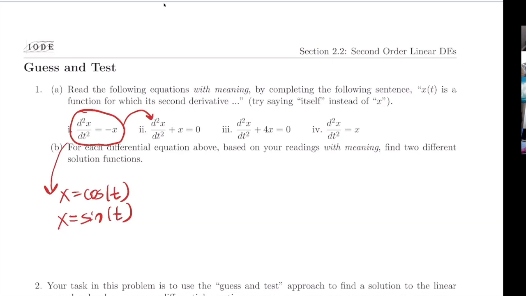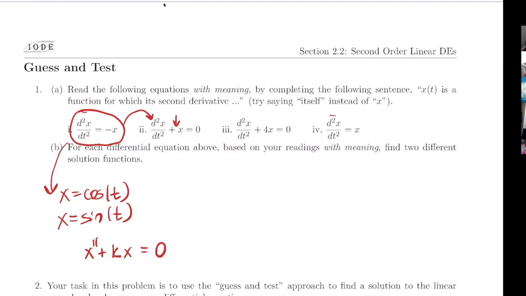So initially we're thinking about differential equations that look like x double prime plus some constant k times x is equal to 0. What we can see is that when that value k is positive, we tend to get things like sines and cosines, because the second derivative gives us a sign change in the function.